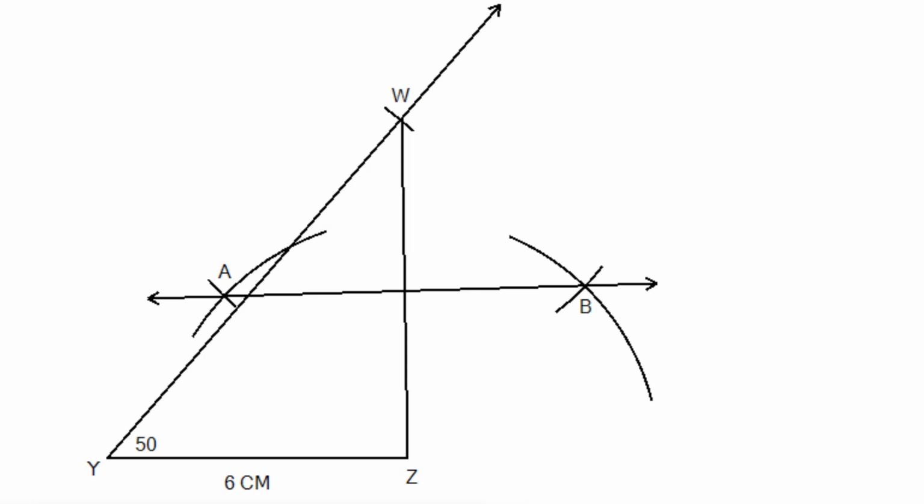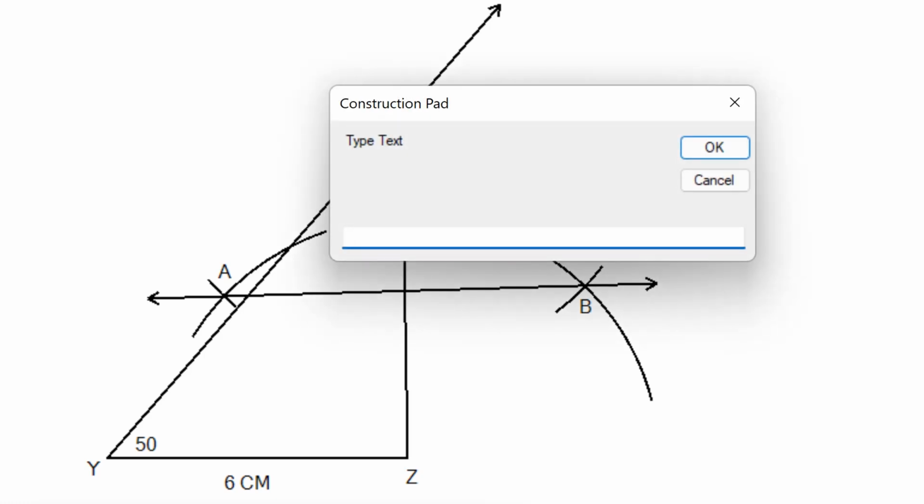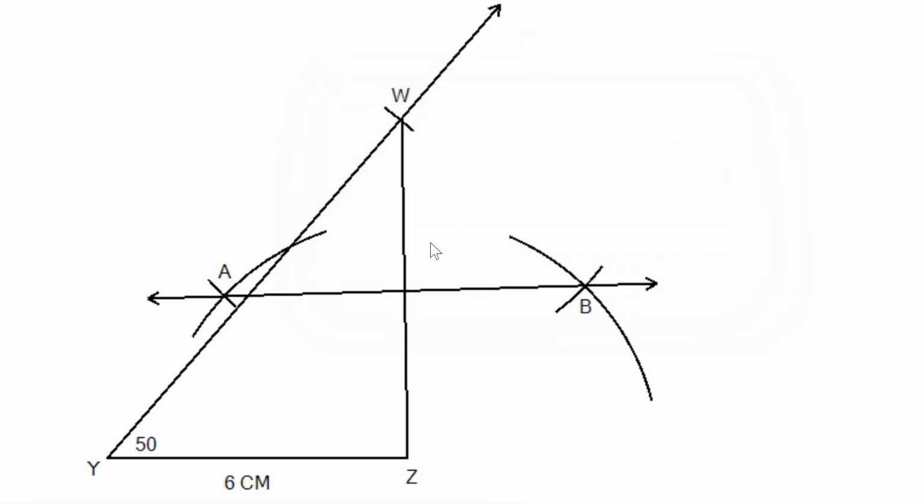Now this line will intersect WY at X. And then the last step: measure length XZ.